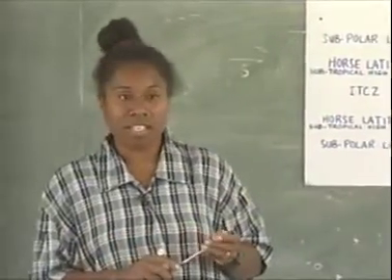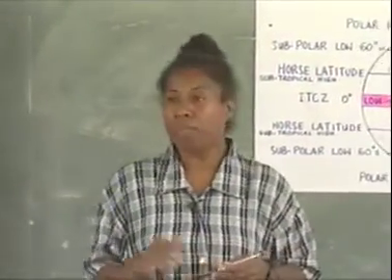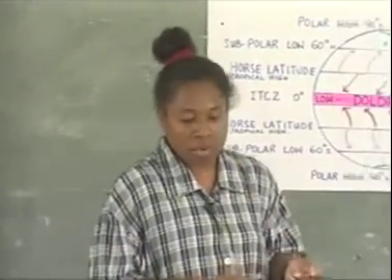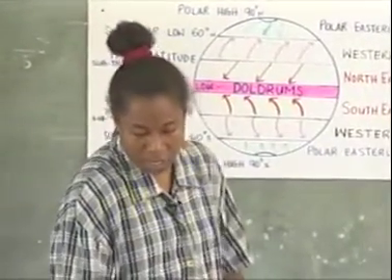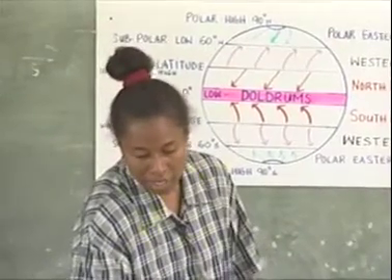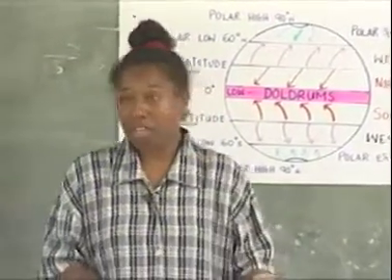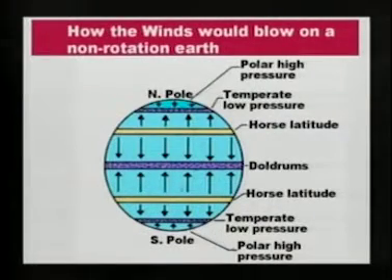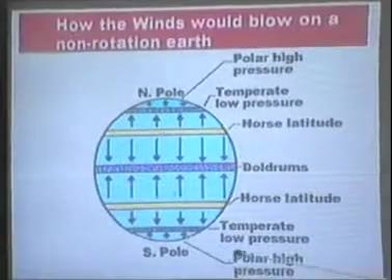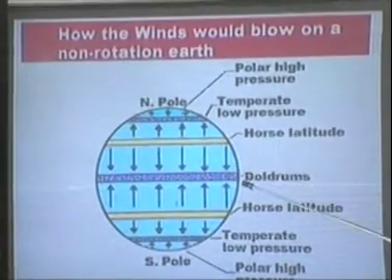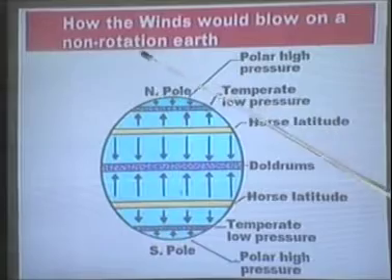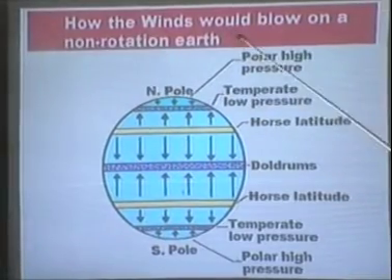We already have learned that winds will always blow from high pressure areas to low pressure areas. So if we include the major planetary pressure belts and the winds, then our diagram showing the direction of the major planetary winds would look like what is shown here. This diagram shows us how the winds would blow on a non-rotating Earth.